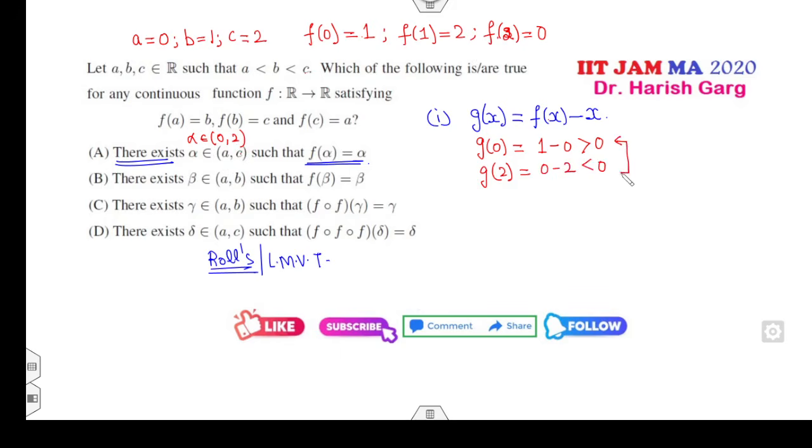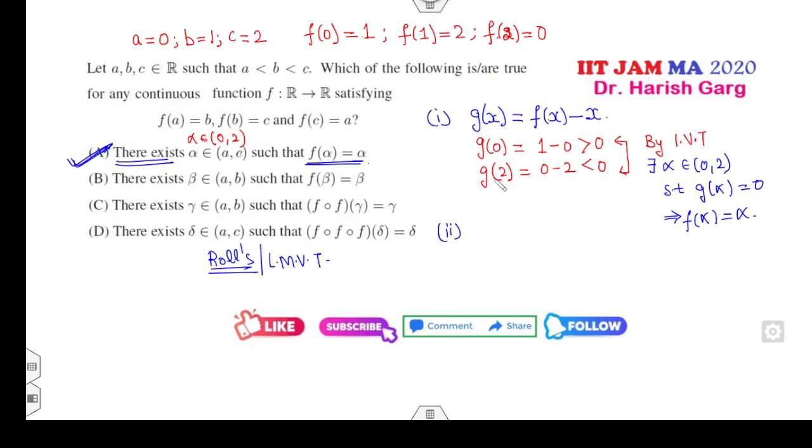So both have opposite signs. By using the intermediate value theorem, we can say there exists one alpha between 0 and 2 such that g of alpha will be 0. g of alpha being 0 means f of alpha is equal to alpha. Yes, there exists a function.